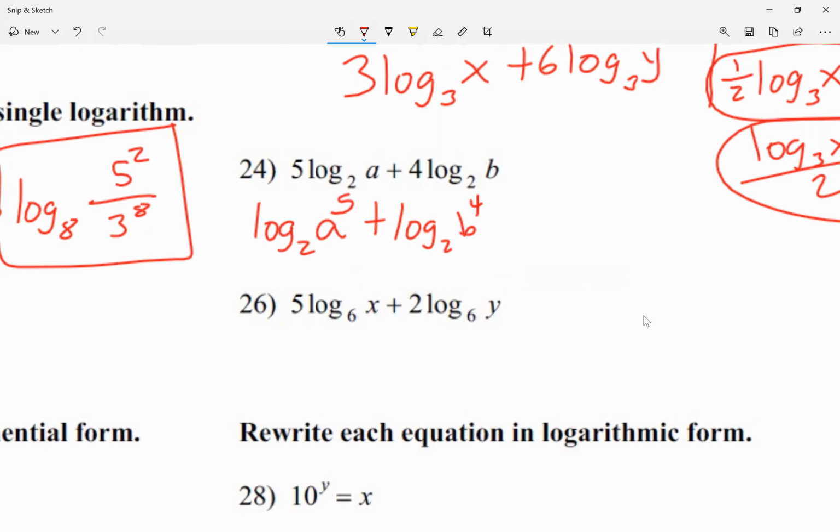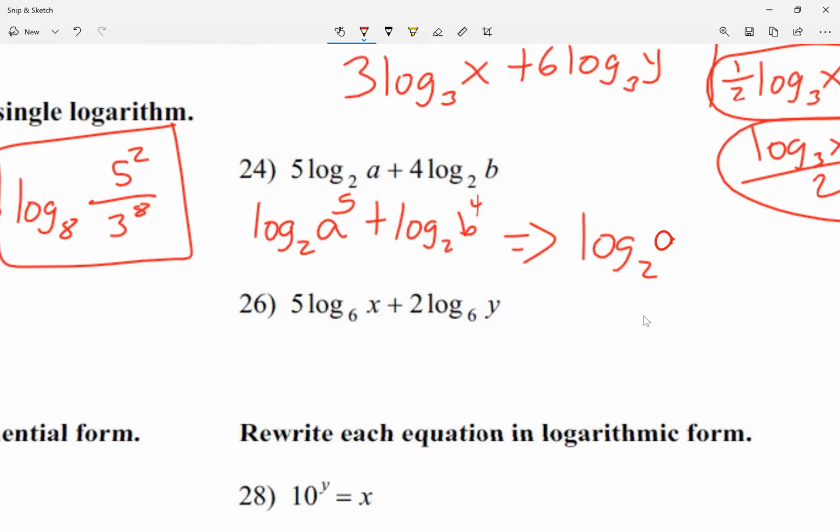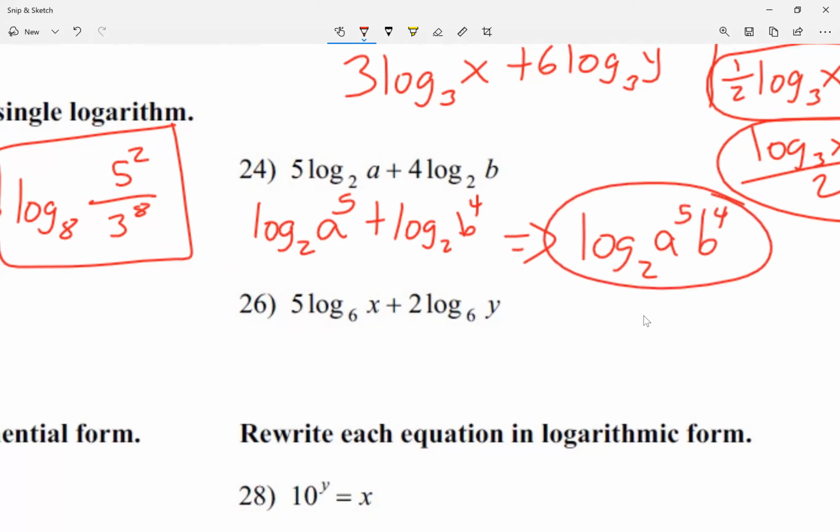Log base 2, because it's a plus, I'm going to condense this into log base 2, right? That's the same log I'm going to have. Then I'm just going to write a to the 5th times b to the 4th. Because it was plus, I condense it as times.